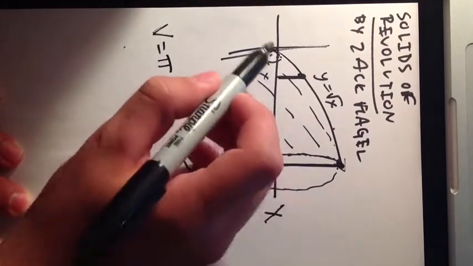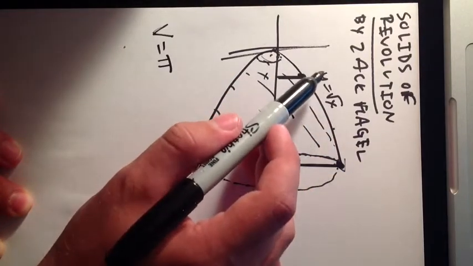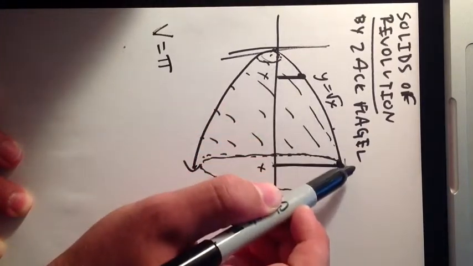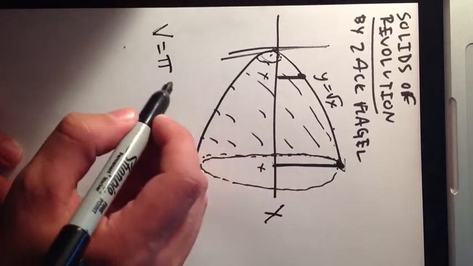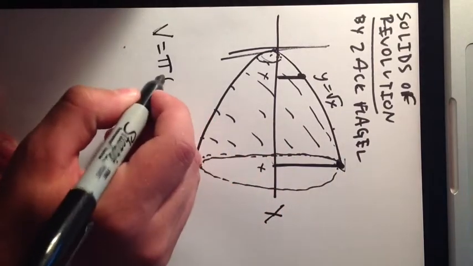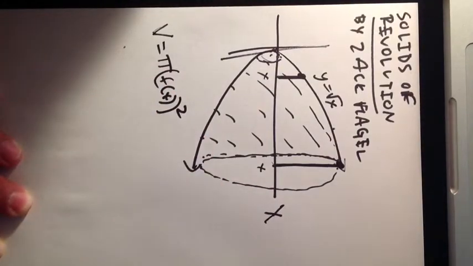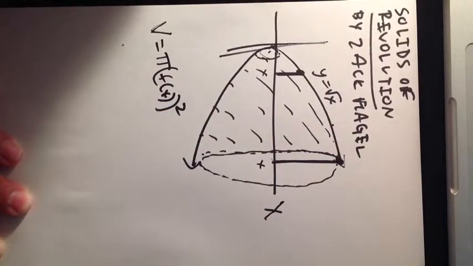Now, we have pi r squared, and r is forever changing, corresponding to the y value wherever we are on the line, the radical of x. So another way to write the radius in this problem is f of x, and you square that, because pi r squared gives you the area of the circle. Then times a certain depth of x, so pi r squared dx.